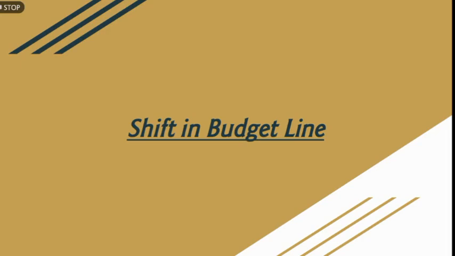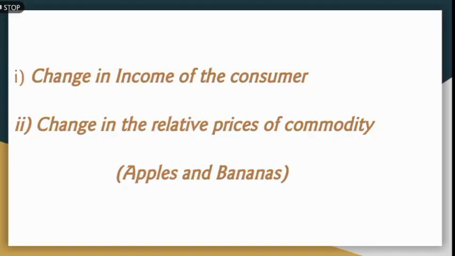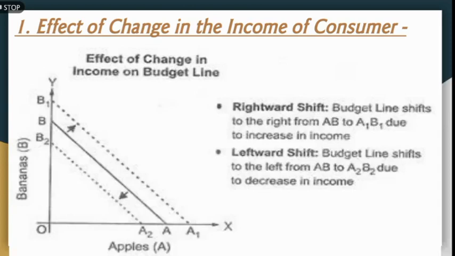Now we will see the topic of shift in budget line. There are two cases where the budget line can shift. First is when there is a change in the income of the consumer. Second, when there is a change in the relative prices of the commodities. Here we will take the example of apples and bananas, change their prices, and see how the line changes. Let us look at the first condition, change in the income of the consumer.